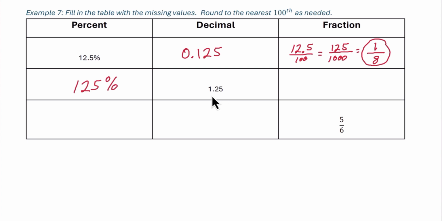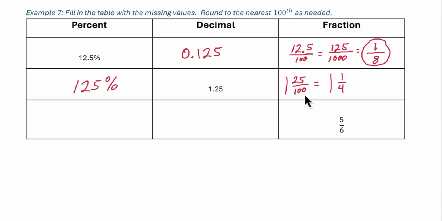This is 1 and 25 hundredths. Think of that as a mixed number. We have 1 and 25 hundredths. Now we just need to reduce that fraction. Reducing that will give us 1 and 1/4.